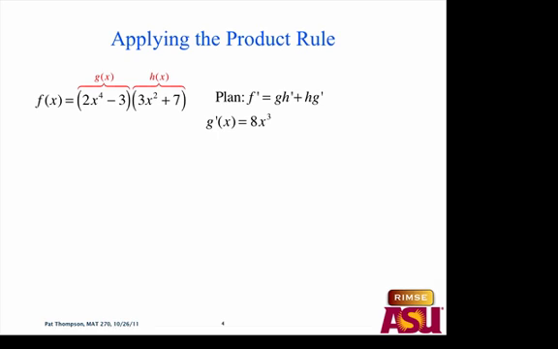What's the rate of change of the second function? 6x, right? So these are some building blocks, but we don't lose track of the big picture, or the overall structure of it. So we just plug everything in. First times the rate of change of the second, plus the second times the rate of change of the first.